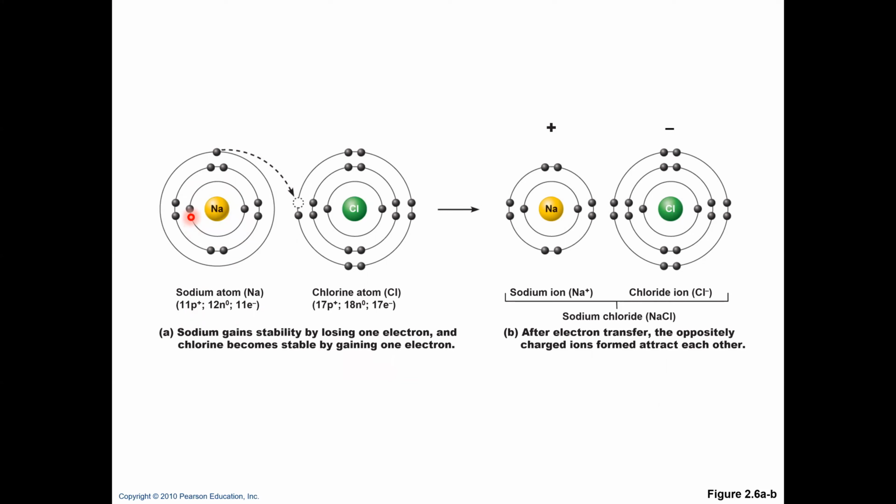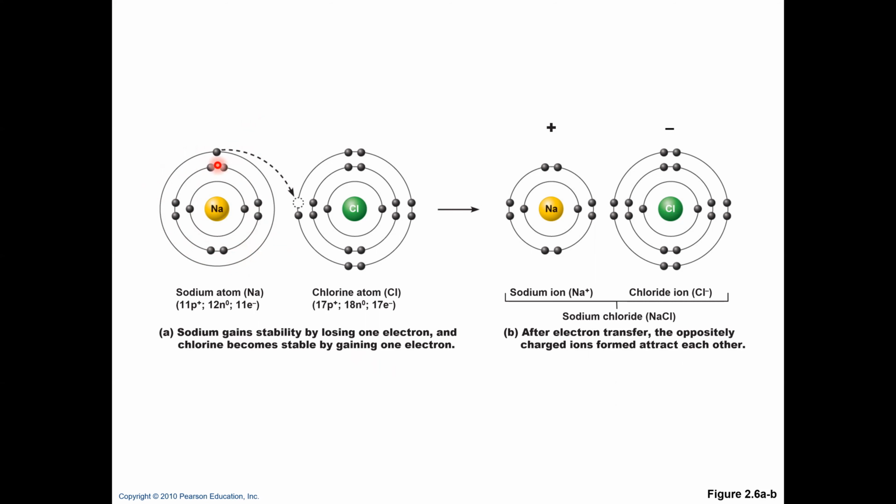So sodium has 11 electrons, and if you see, the first energy level is complete, 2 electrons. The second one is complete, 8 electrons. And the last shell or energy level is not complete. Sodium has only 1 electron. So sodium has a tendency to lose this electron to achieve this perfect energy state, right?